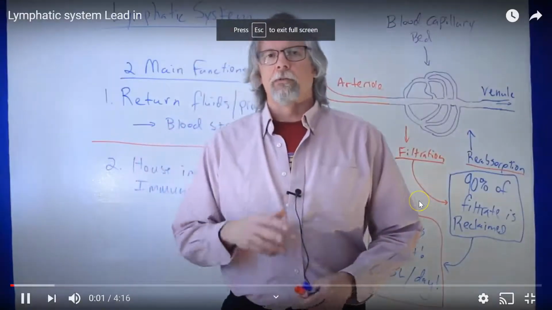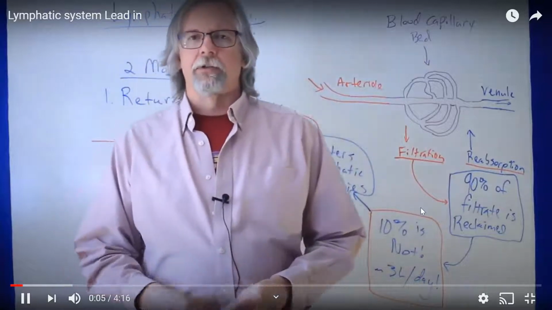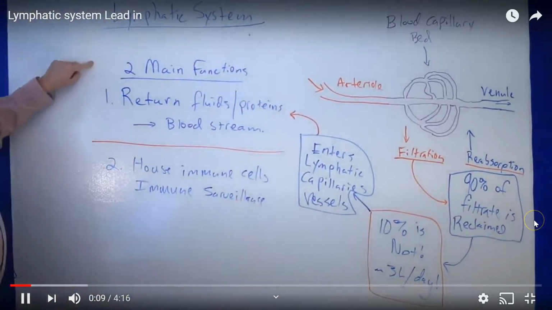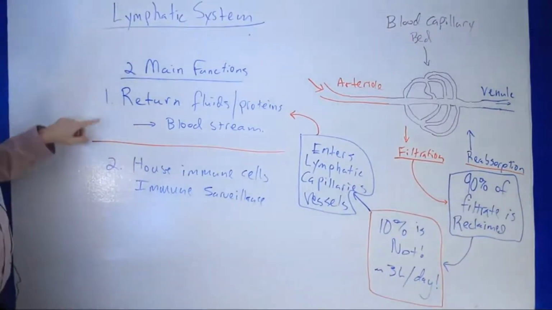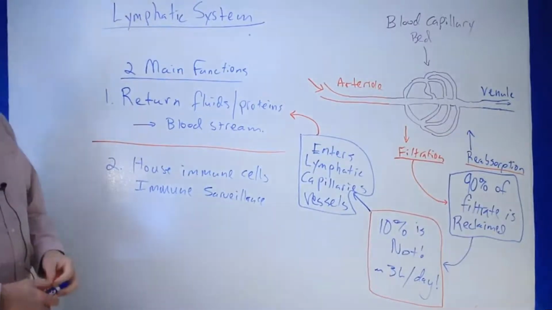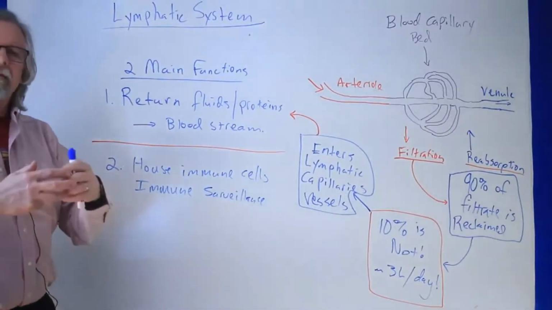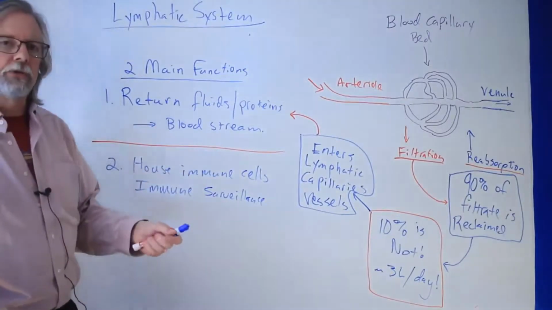So I want to start out with a bit of an overview, kind of an introduction of the lymphatic system. First of all, what are the main functions of the lymphatic system? Two main functions. One is the lymphatic system is involved in returning fluids and proteins that have exited from the bloodstream into the tissues in the interstitial space.